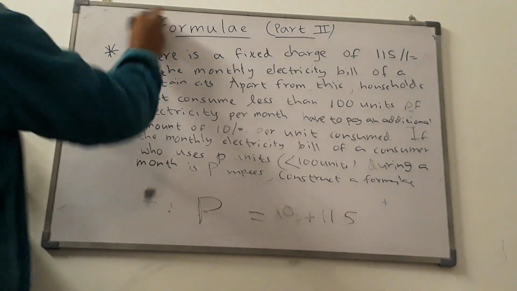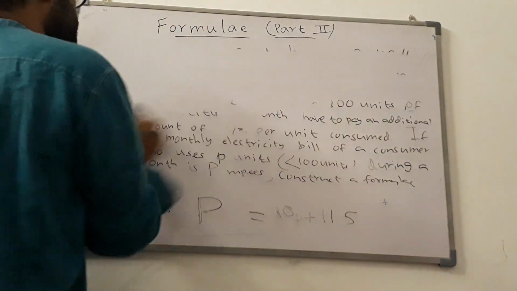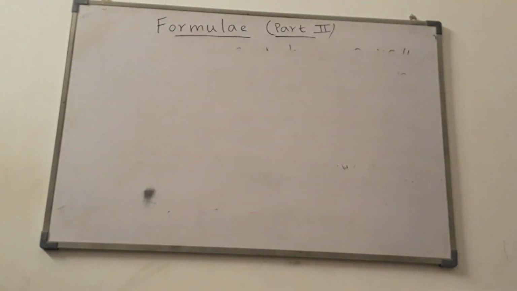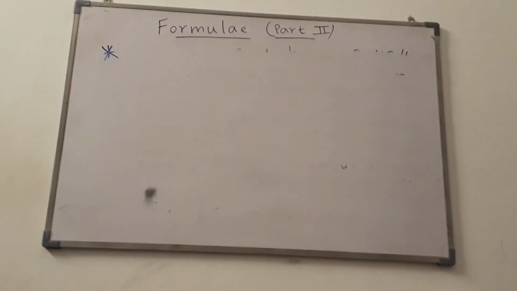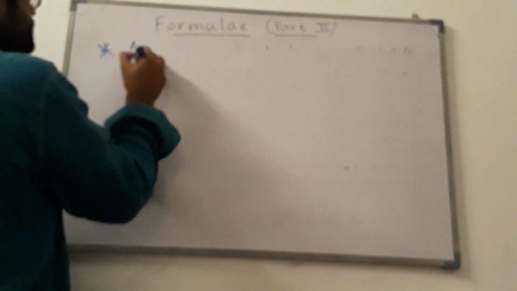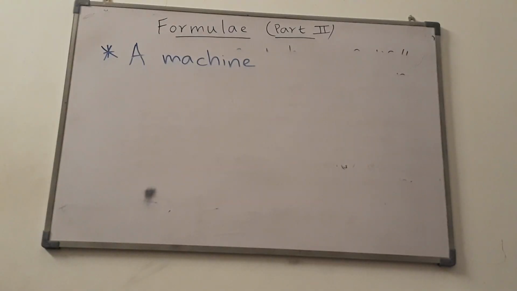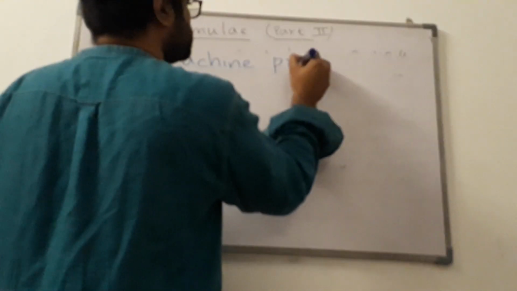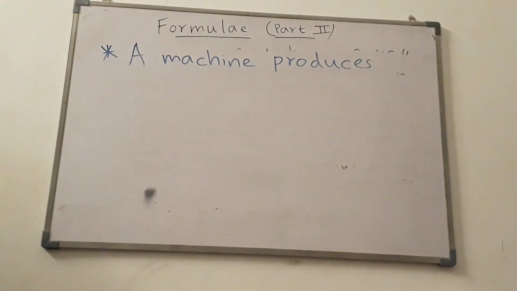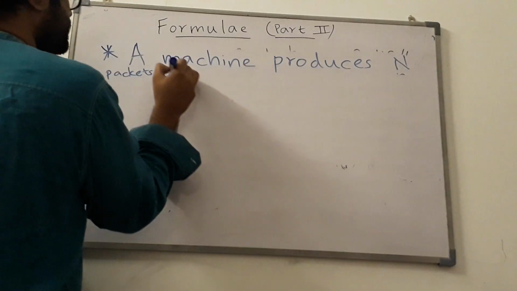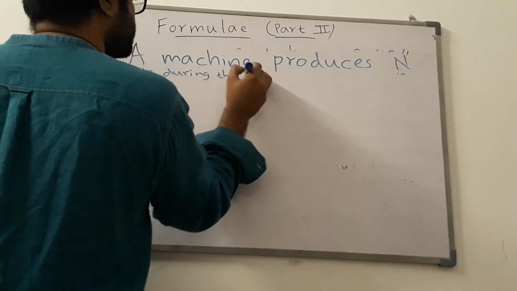Let me give you another example. A machine produces capital N packets during the first hour.